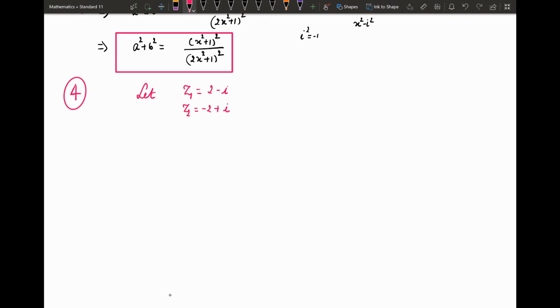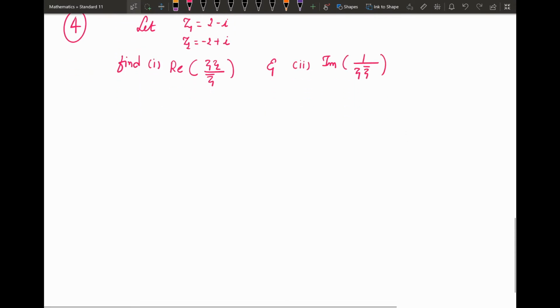Find real part of z1 into z2 upon z1 bar and imaginary part of 1 upon z1 into z1 bar. Solution.